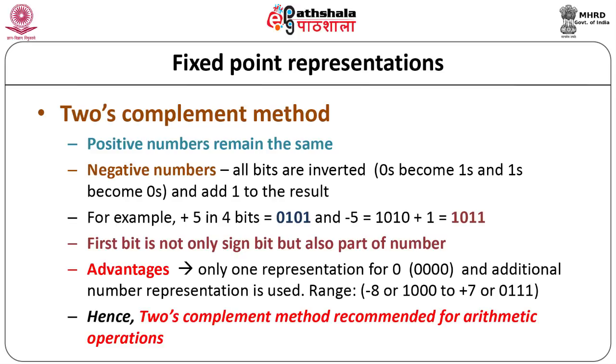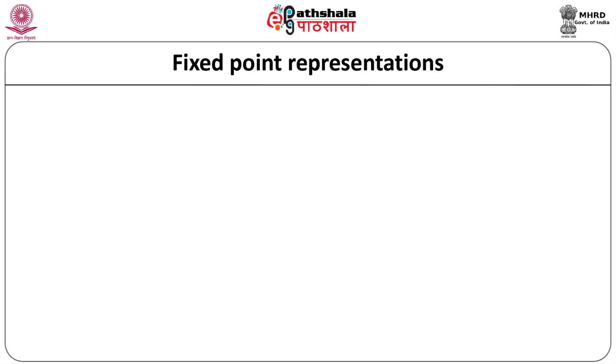Thus, the range of numbers under the twos complement method in 4 bits is -8, that is 1000, to plus 7, 0111. Hence, the twos complement method is recommended for arithmetic operations. We have discussed the representations of signed or unsigned numbers in fixed point representations.